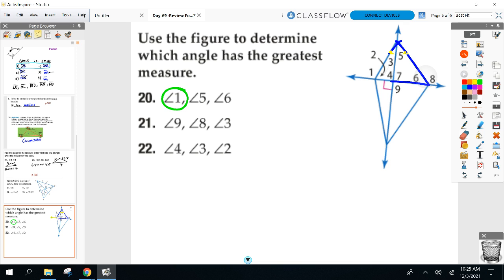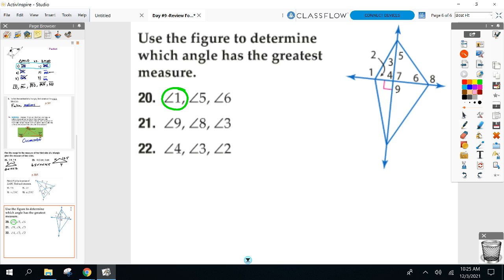All right, now we're going to get a little tougher. Well, let's compare 9 and 8.